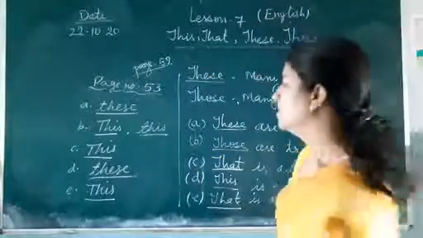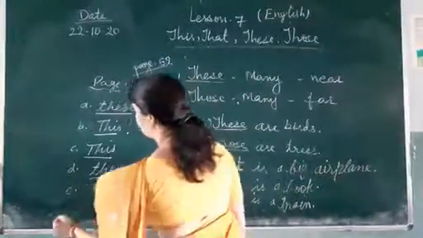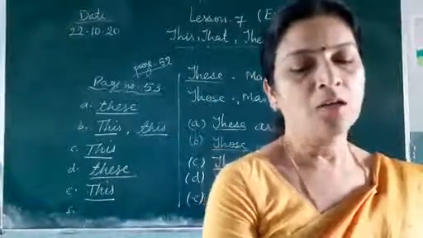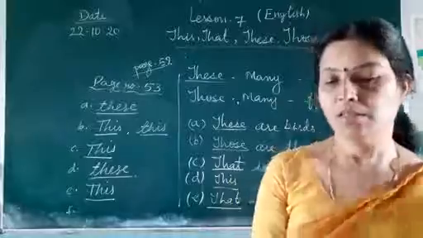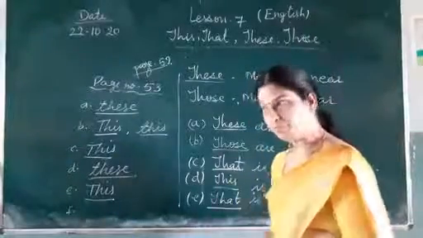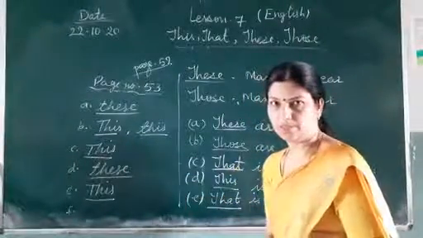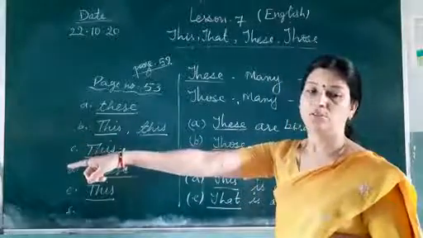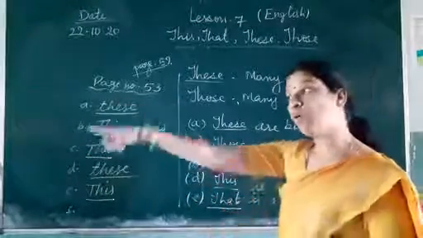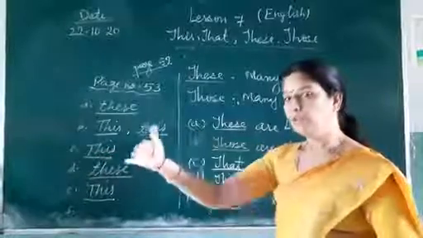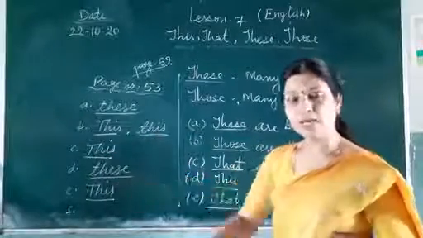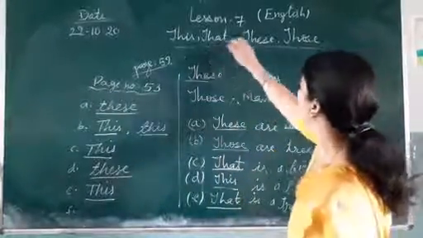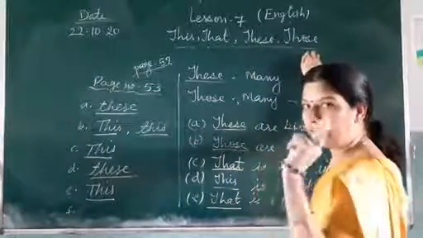Last picture. See the last picture. Are all my things. दूर खड़ा है. Boy is far from the things and saying are my things. What is saying? Are all my things. दूर है. Those आएगा. दूर के लिए क्या आता है? दूर के लिए आता है that आता है, those आता है ना? दो वर्ड्स आ रहे दूर के लिए.